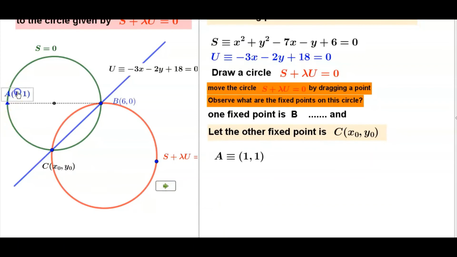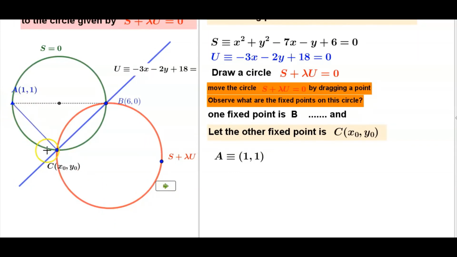We know A is (1, 1). Now I join these 2 points, the segment AC. So what about this angle ACB? Since AB is the diameter, definitely this is a 90 degree angle. Angle ACB is 90 degrees, so the line AC is perpendicular to line BC.